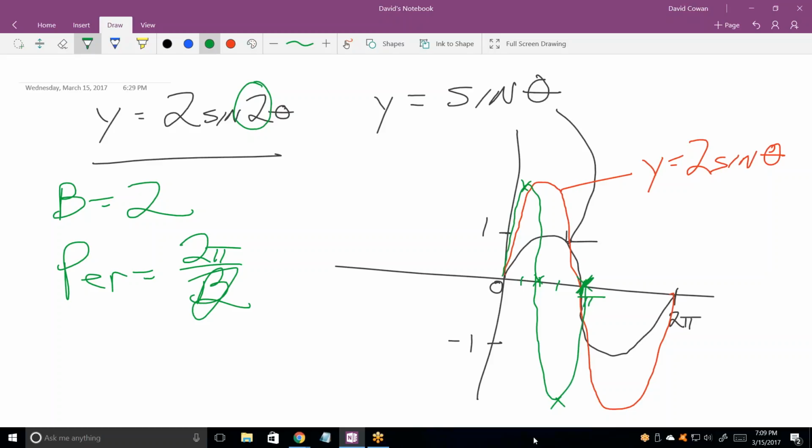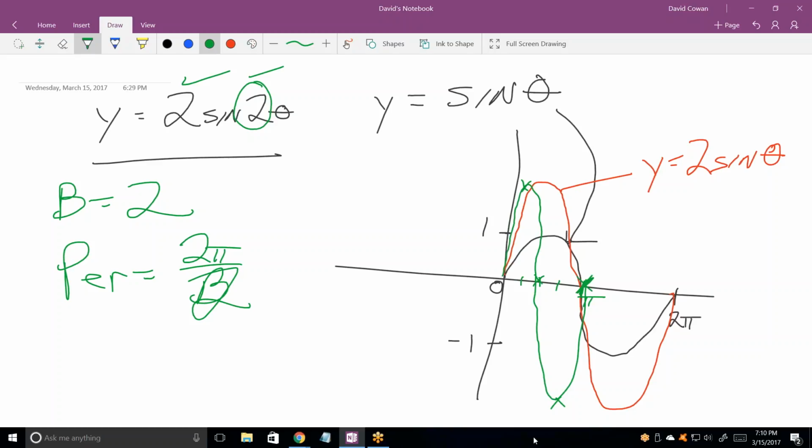And you can see that the green is as if somebody pushed on the red, squeezed it together. So it's a horizontal compression. And notice that these go opposite one another. If the leading coefficient A is a number greater than 1, it's a vertical stretch.